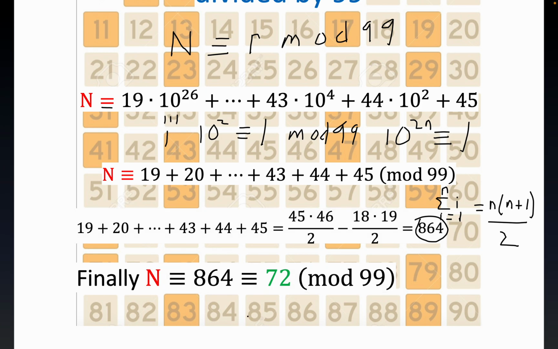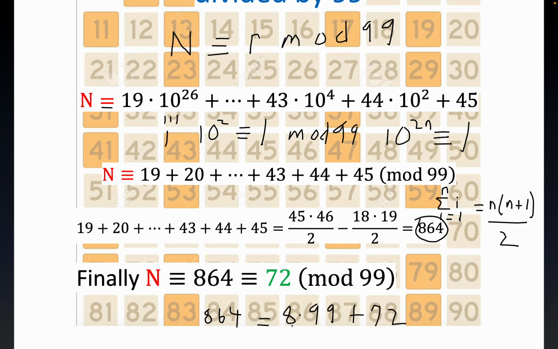All right, and then what do we got? 864 is equal to 8 times 99 plus 72, which is where our magic number 72 comes from.